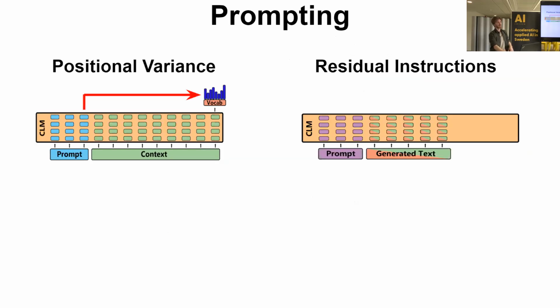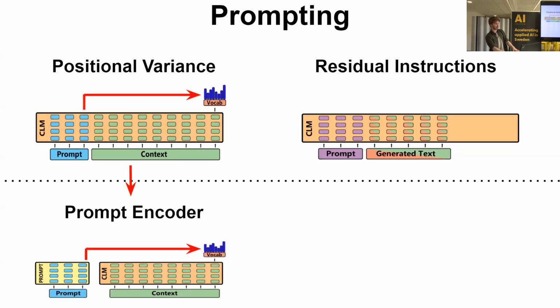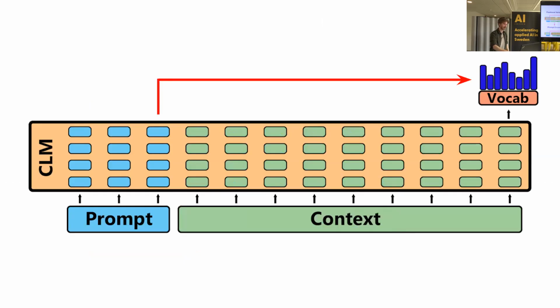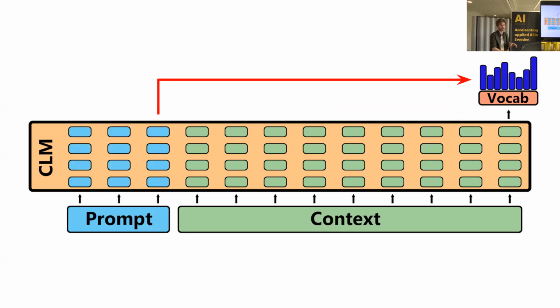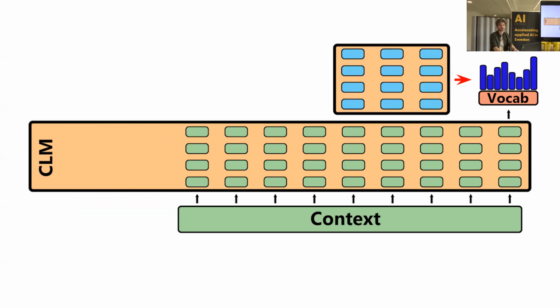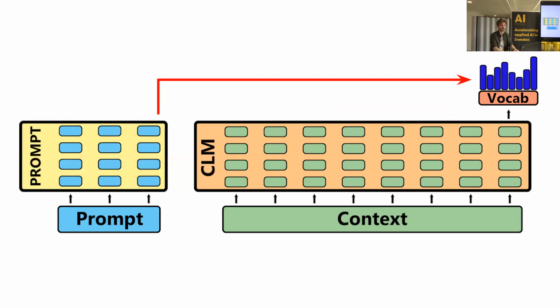So we think that the solution for this is detaching the actual prompt from the language model. We kind of have this intuition, right? The positional variance here: it would be kind of nice to always have the prompt tagging along. We don't want a distance between the prompt and the current generation point. So the intuition is, wait, how about we just cut it off?